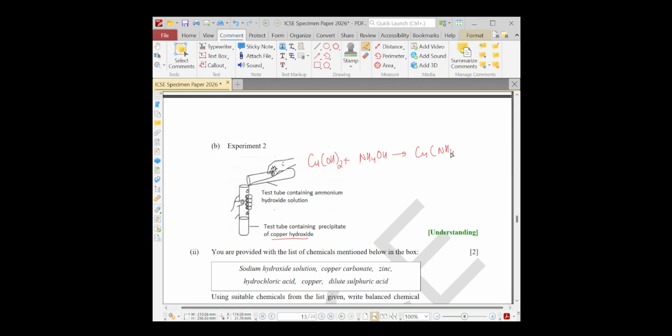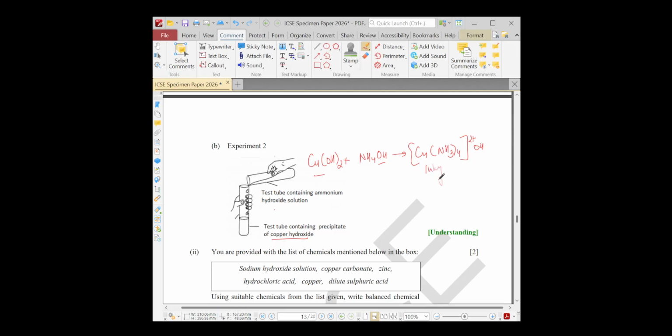So this is tetraamine, and this has a +2 charge, so you'll get a coordinate complex, tetraamine copper ions, and because of this here you will have OH.